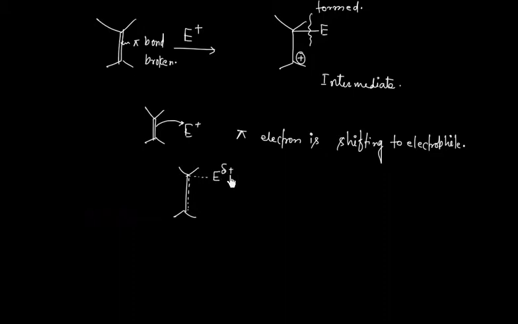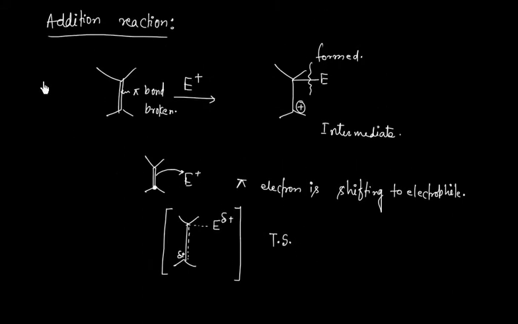Electrophile will have delta plus charge, and since this carbon is losing electrons, it will have delta plus charge. So this is the transition state. This is basically first step of addition reaction. So this is first transition state.